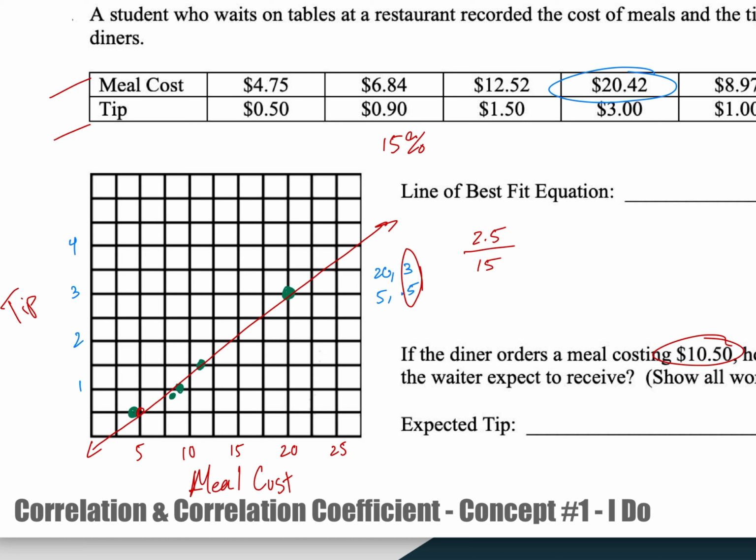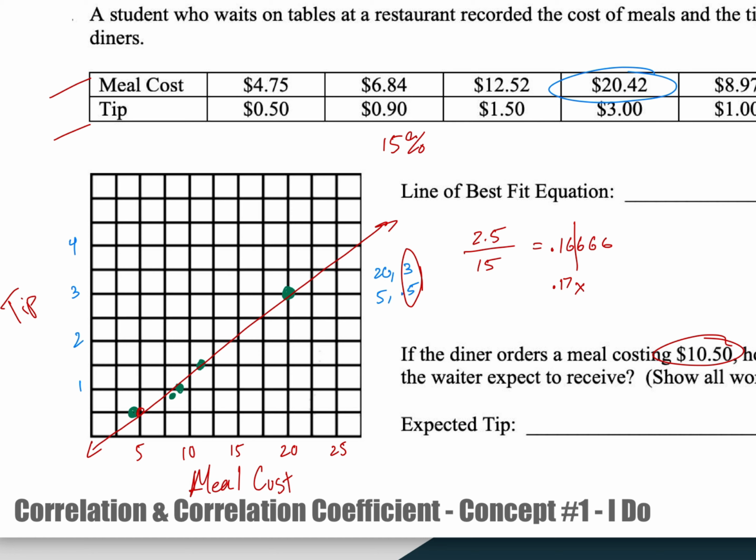Now here again, 2.5 over 15. Let's just get a nice single decimal out of this. So I use my calculator, and I get a really long 0.16666 on forever. You could really round at the hundredths because money's not going to go any further than that. So we'll just call that 0.17x.